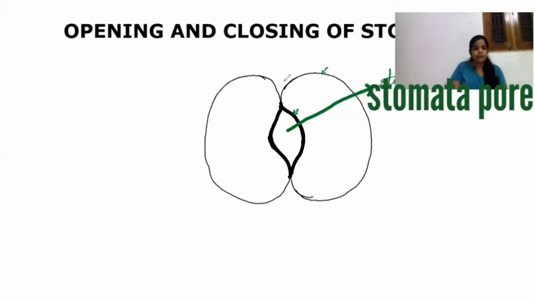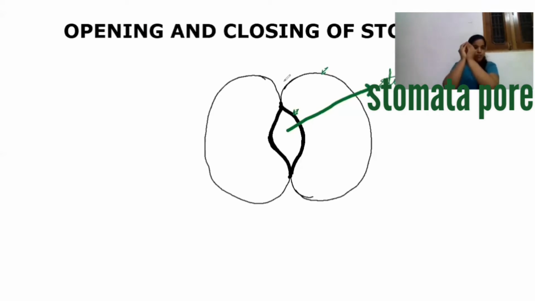The stomatal pores, like my two hands, are actually the guard cells. This is how the stomata are closed, and when the stomatal pore opens, this is how the guard cells will look. The space between my two hands is the stomatal pore, and it is guarded by my two hands, that is the guard cells.